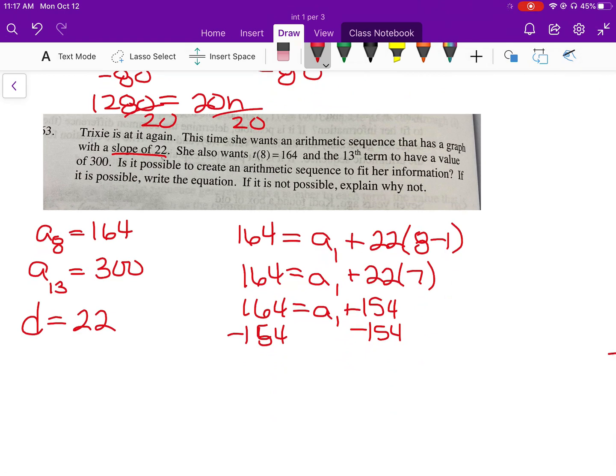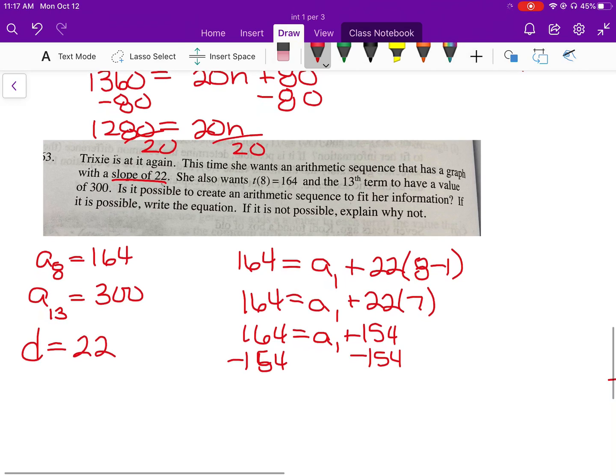So let's test it. It should work for the other point, right? Should it work for this one too? Okay, well, let's check it. So 10 is equal to a sub 1. So is 300 equal to a sub 1 plus d, which is 22?